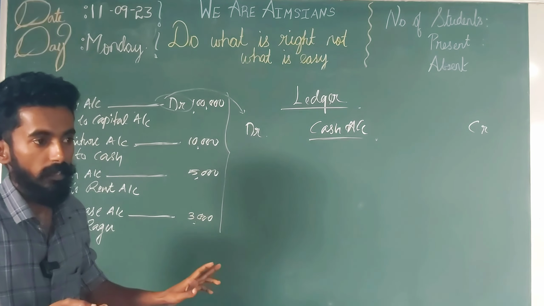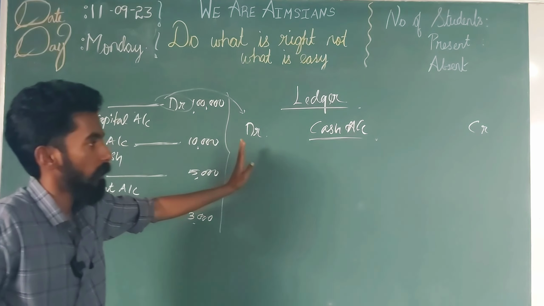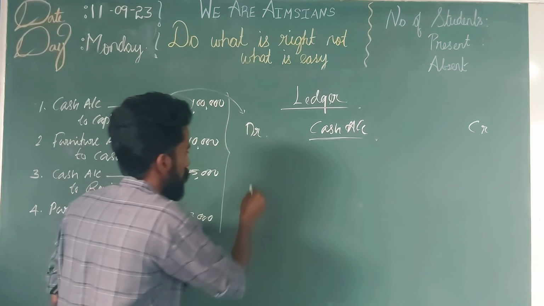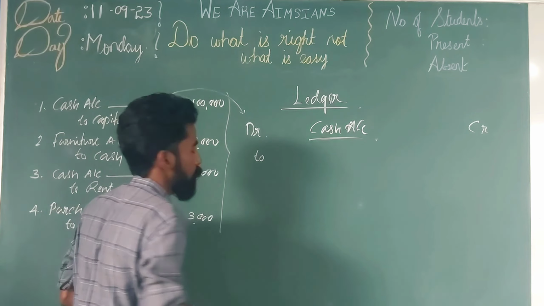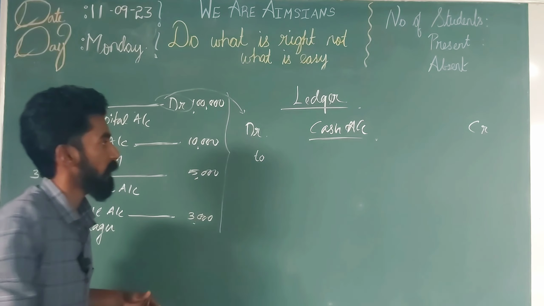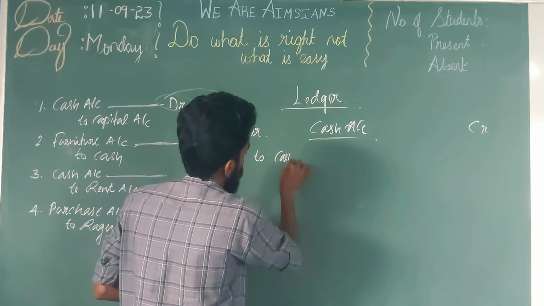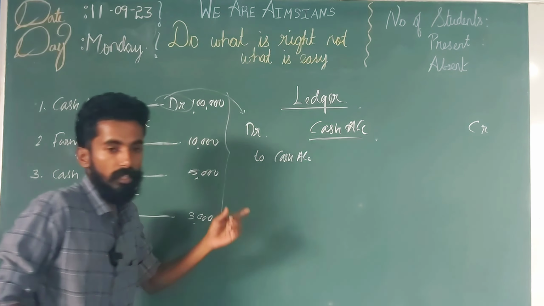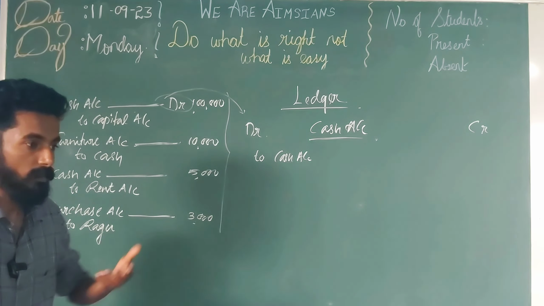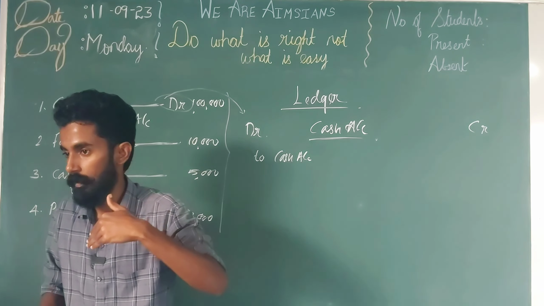There are two sides, debit side and credit side. The entry you have to write on the debit side. Here you have to write "To" in the cash account. No need of writing cash again here. We have to understand for what purpose cash came into the business.